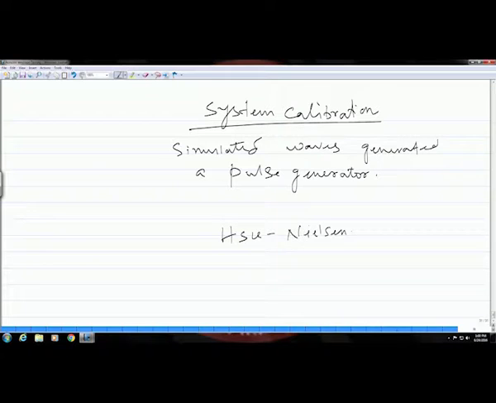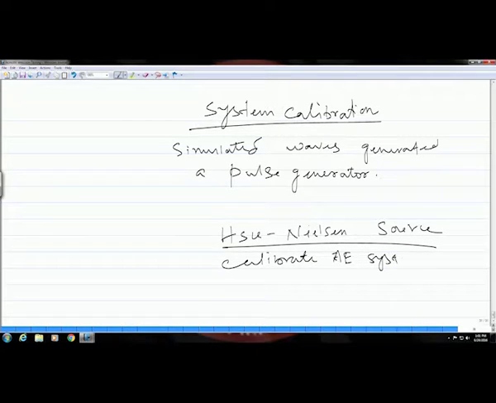This source or this method is named after the inventors Su and Nielsen. So, this is known as the Su-Nielsen method or Su-Nielsen source to calibrate acoustic emission systems. So, let us talk about this method.